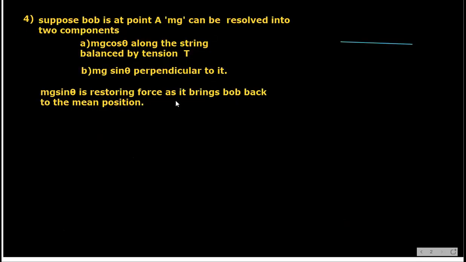Now let me draw first diagram. See here. This is the string, and here this is the bob. Now we are going to pull this bob towards this side.